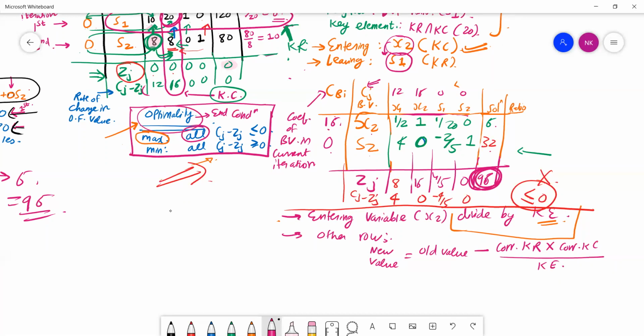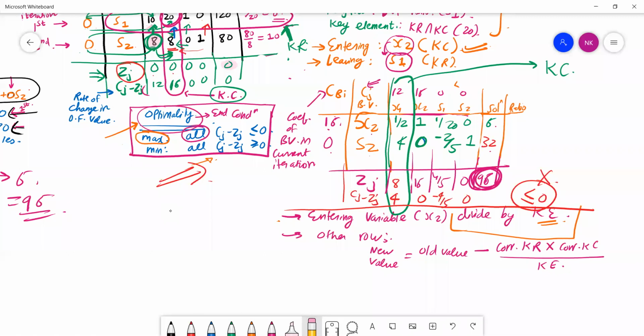But we can see that over here 4 is there, which is greater than 0. That means there is still a chance to increase our profit if we increase this variable. So this column serves as our key column. The same process will be continued.